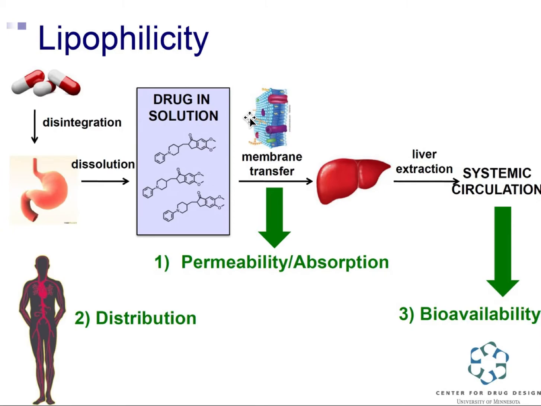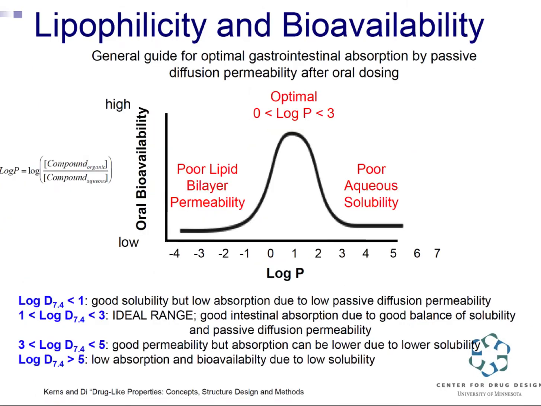So again, what's happening here is that you're getting this permeability and absorption. It's going to go through the liver into systemic circulation, and you get the bioavailability. For log P, the optimal log P for lipophilicity and for GI is between 0 and 3.